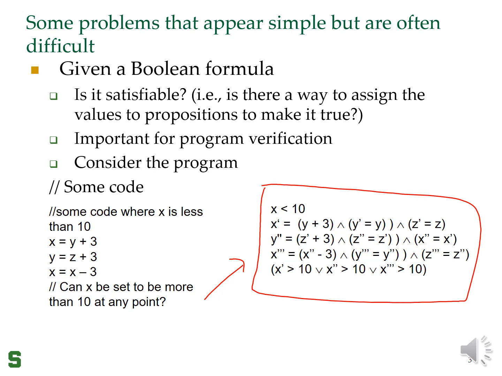Unfortunately, the size of the truth table is exponential in the number of variables, and so that's why we cannot use that. It's not a polynomial time algorithm, but we can do things that are more efficient. We just can't prove that they will work all the time, and this is one of the reasons why this problem is challenging. This is one of the problems that is in fact NP complete.